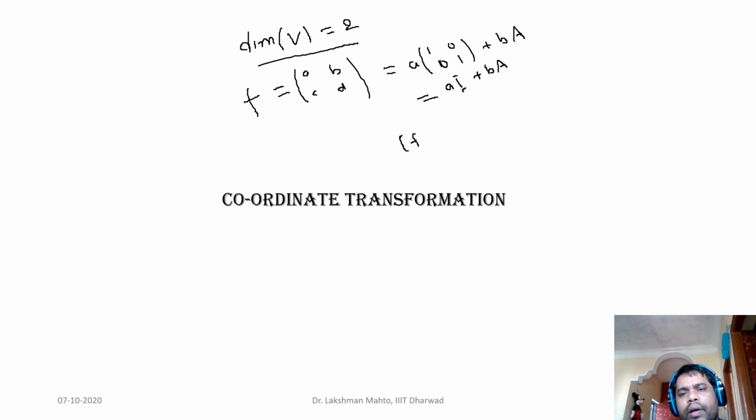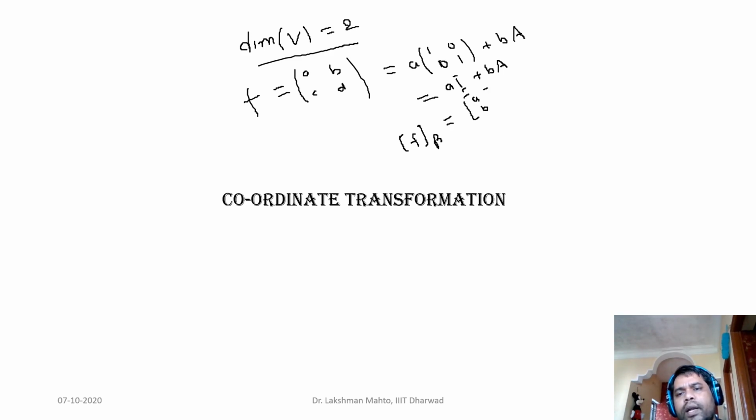It has only two entries: the first entry is a, the second entry is b.